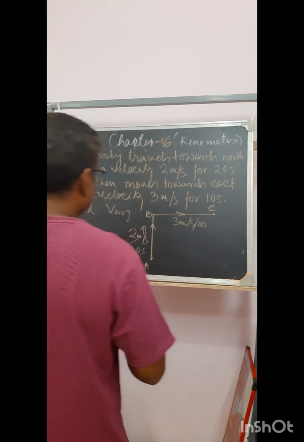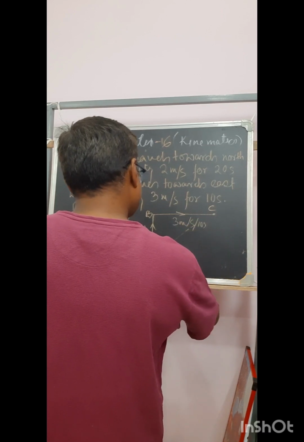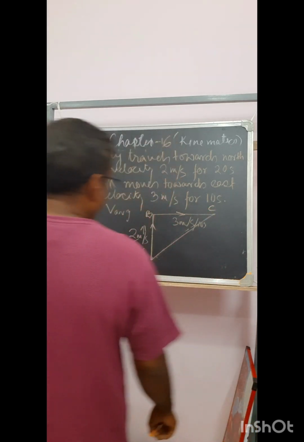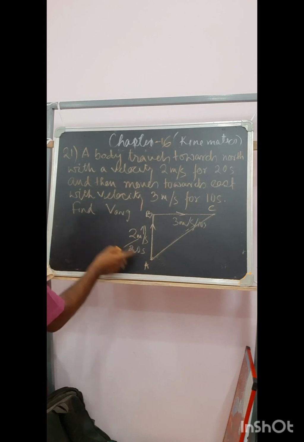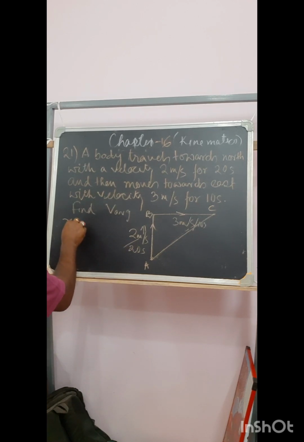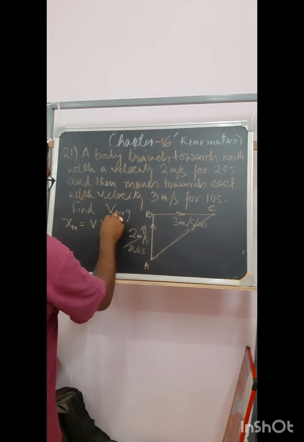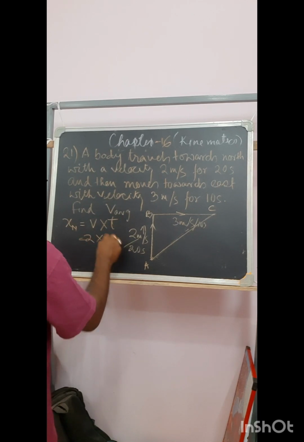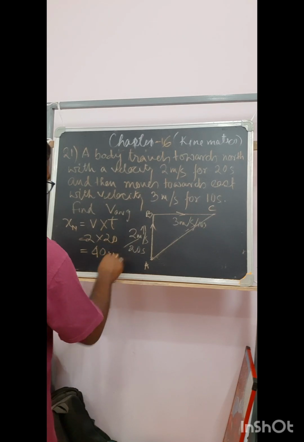Now to get the average velocity, I have to get the shortest distance AC. The direct displacement is not given. When it is moving to north, the distance moved is velocity multiplied by time. So velocity is 2 meter per second for 20 seconds, that will give you 40 meter.